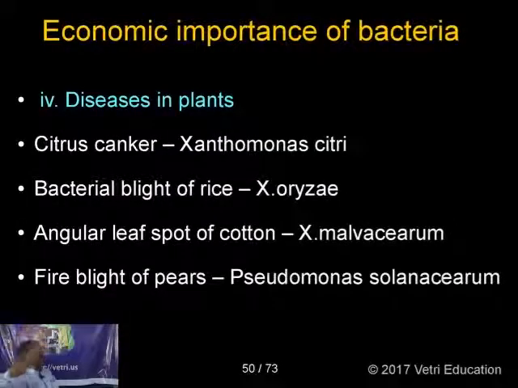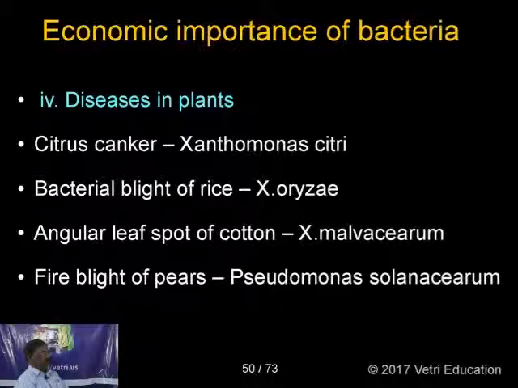Regarding the diseases in plants, the citrus canker disease is caused by Xanthomonas citri, and it affects not only the leaves but also the fruits. The cankers are found on the fruits so that it reduces the yield of the fruit and also the juice content of the fruit. The second one is bacterial blight of rice, Xanthomonas oryzae.